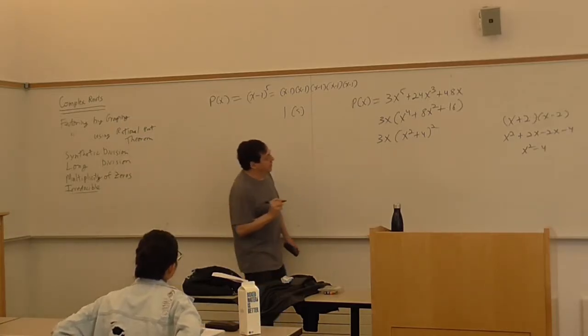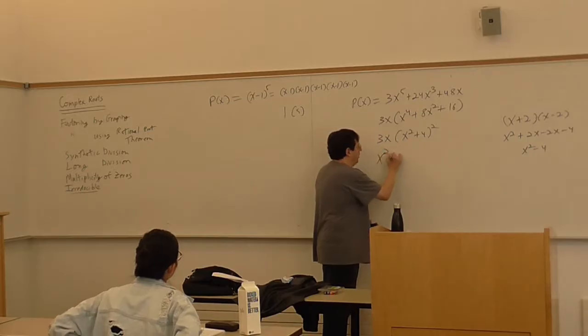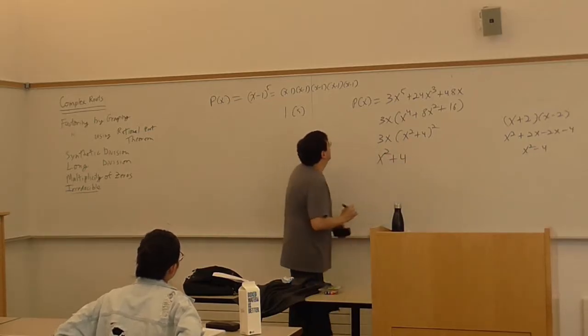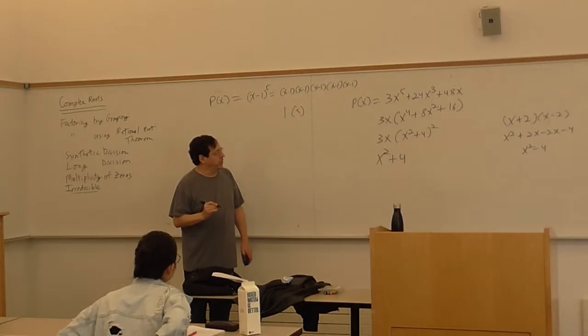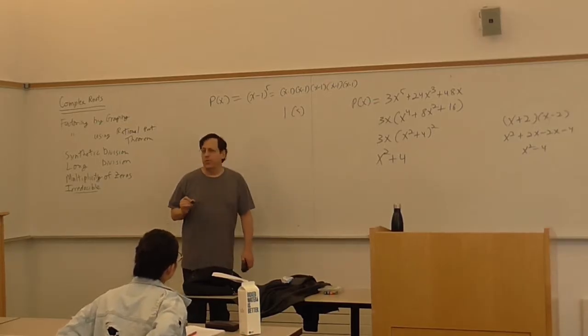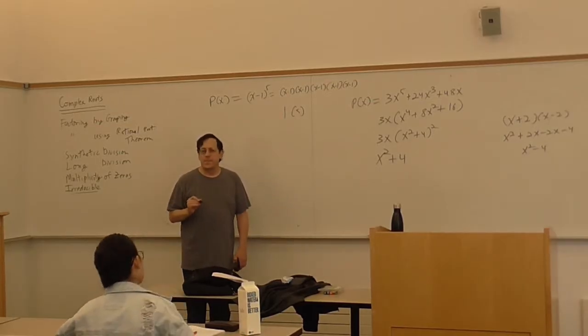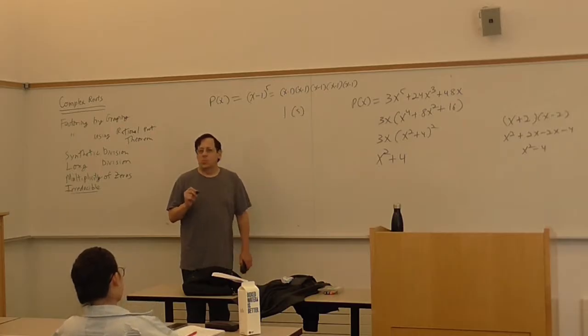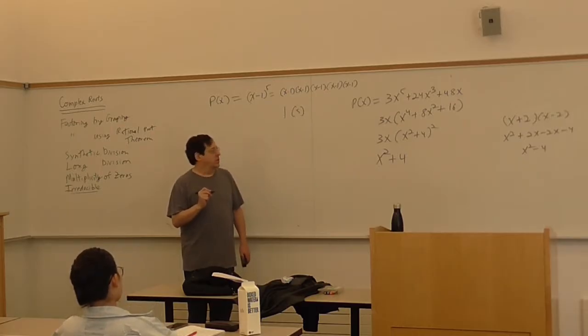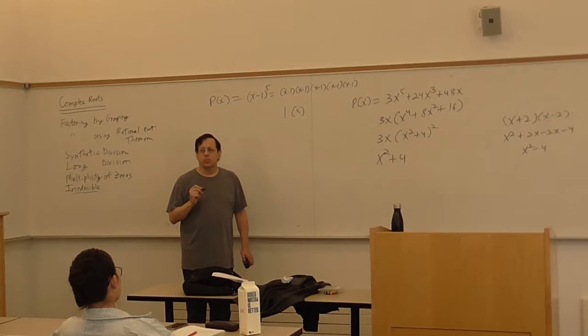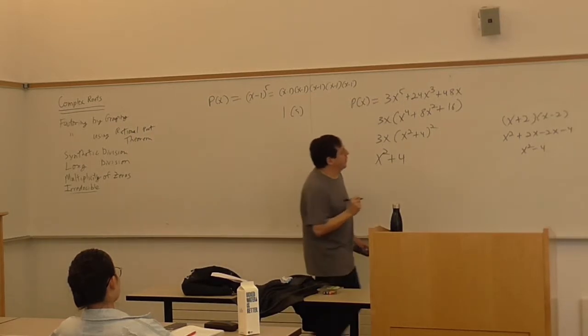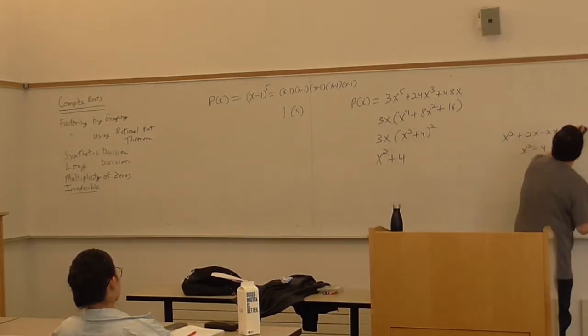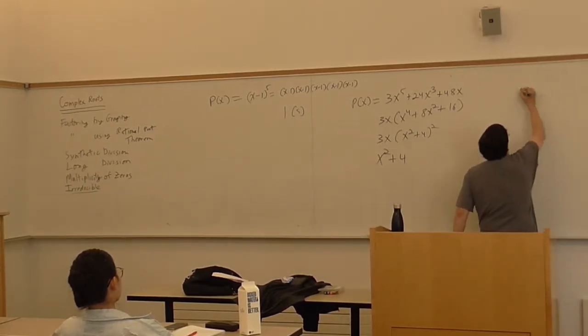Does anybody want to jump in and guess what the factors of x squared plus 4 are? 2, negative 2? No, we tried that. That didn't work. Okay, I'll put it up again on the board. I think this time it'll sink in.